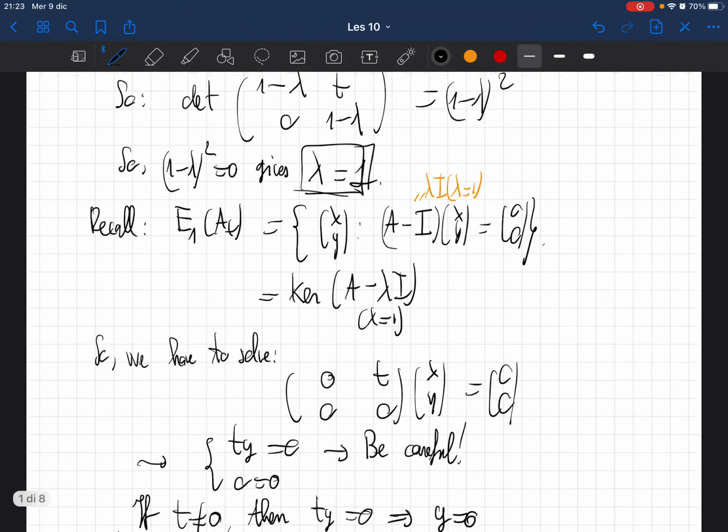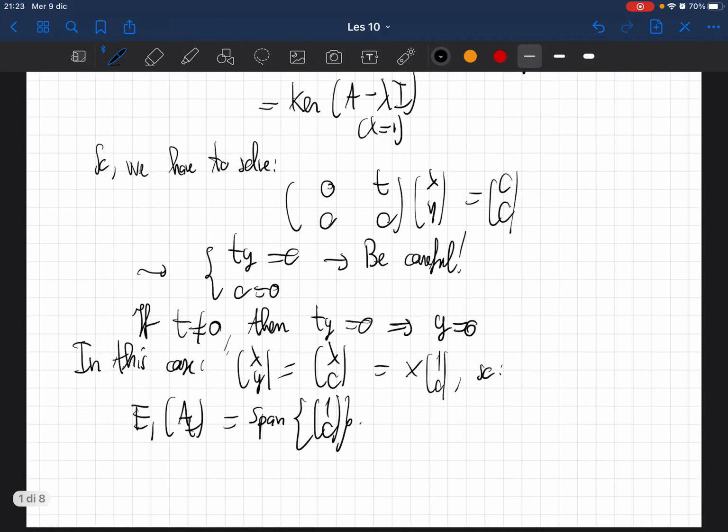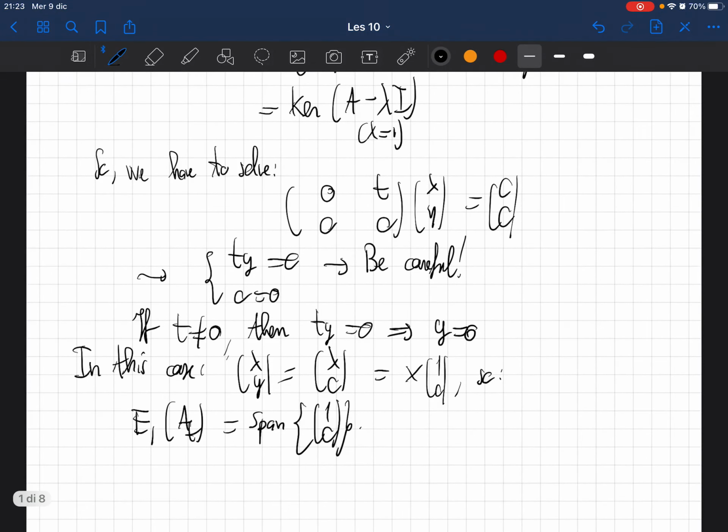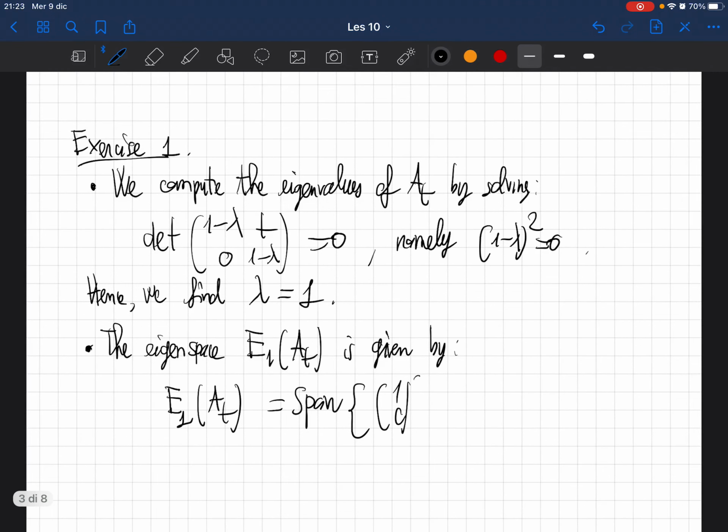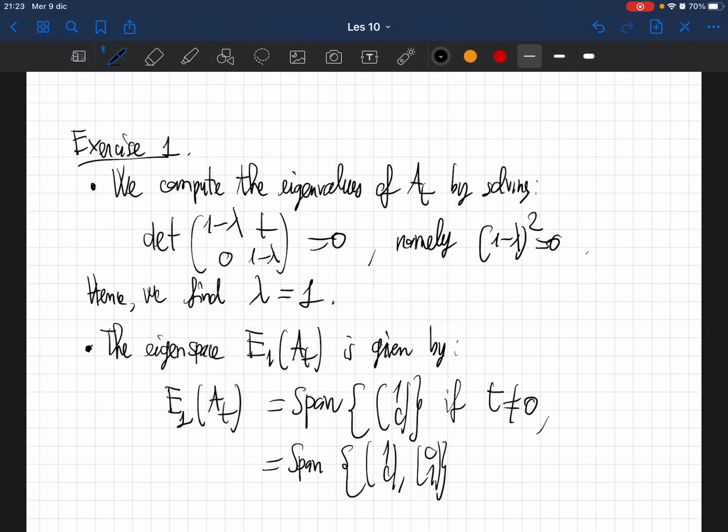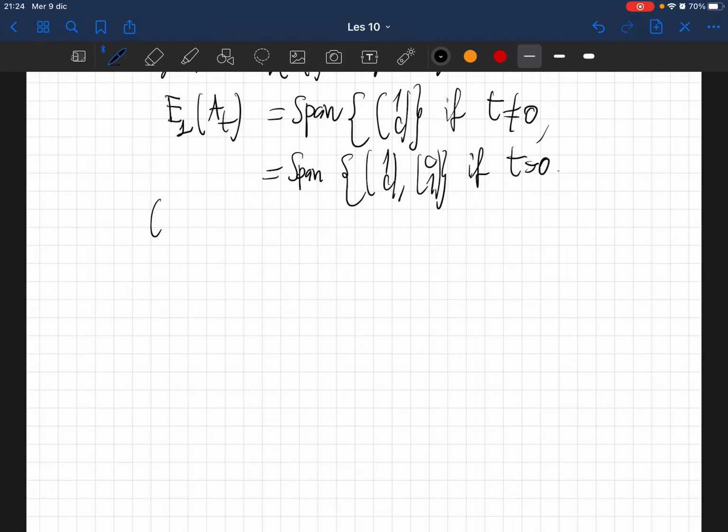Was it so? Yes, if t is different from 0, and the span of (1, 0) and (0, 1) if t is equal to 0. And here see the drafts for the computations.